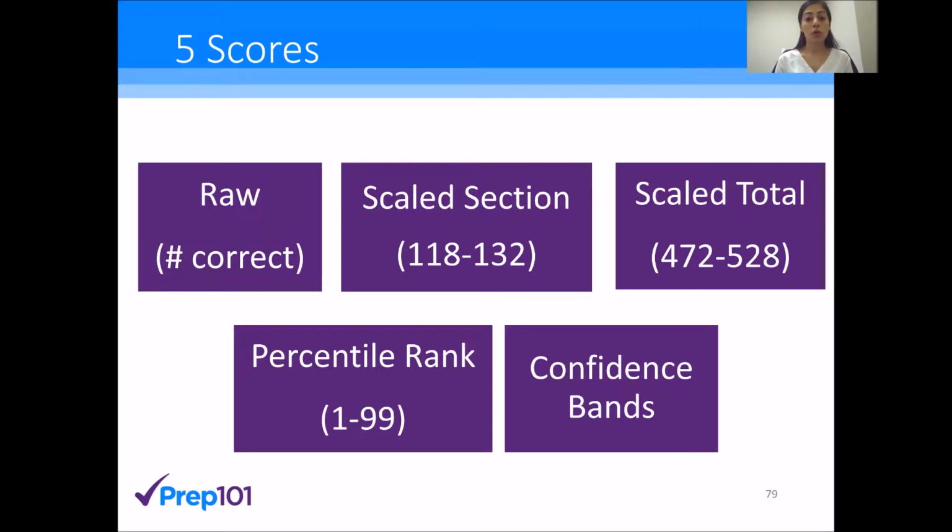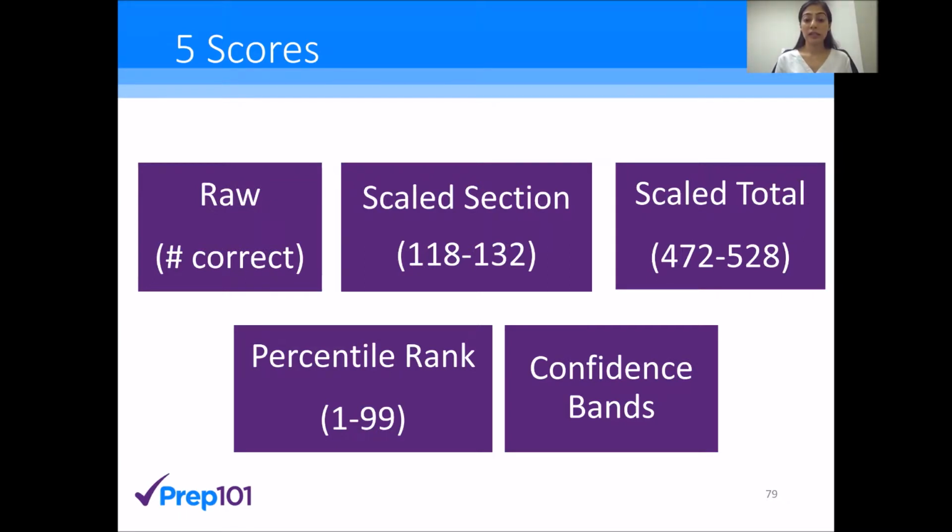Okay, so there are 4 sections. We've talked about these previously. The physical sciences, followed by CARS, followed by the biological sciences, and lastly, the behavioral sciences. Each of these 4 sections will be scored on a scale from 118 ranging to 132.